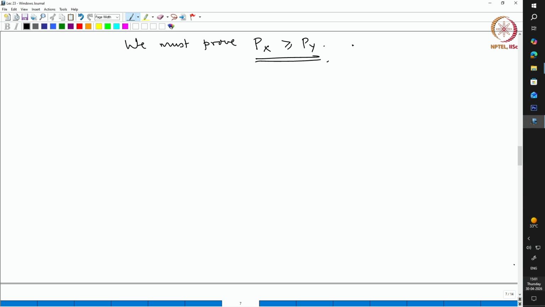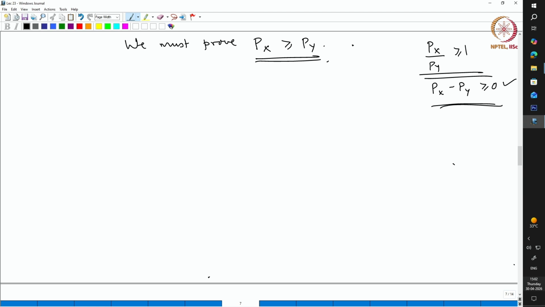So, how do we prove that Px is greater than or equal to Py? Since these are all positive numbers, you can show, for example, Px by Py is greater than or equal to 1. This will show that Px is greater than or equal to Py. There is another way. You can show that Px minus Py is greater than or equal to 0. This will also show that. Given Px and Py are all linear combination, we will take this option.